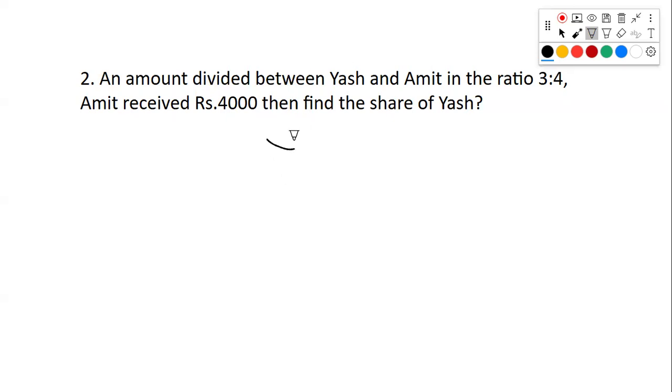Say two people are there. One is Yash, the other is Amit. The ratio is 3 is to 4. It is only a ratio, not the physical amount of money. So Amit is receiving 4,000. Simple logic: from 4, to go to 4,000, I multiply by 1,000.